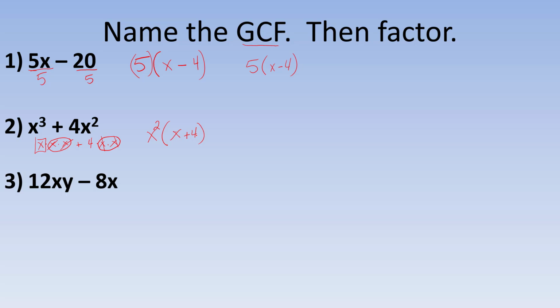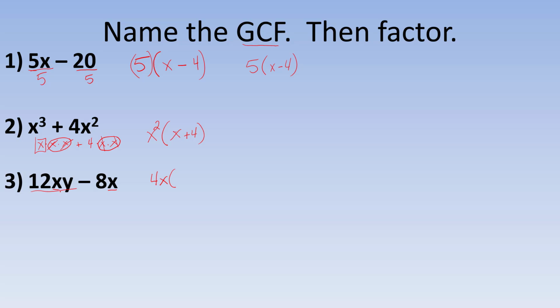Next problem, 12xy minus 8x. All right, so now we can see I have a common variable factor. Let's see, do I have any common number factor? 8 and 12, well, sure. 4 goes into 8, 4 goes into 12, so our GCF would be 4x.